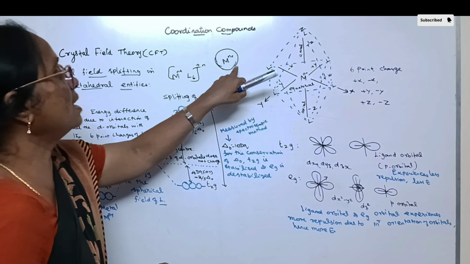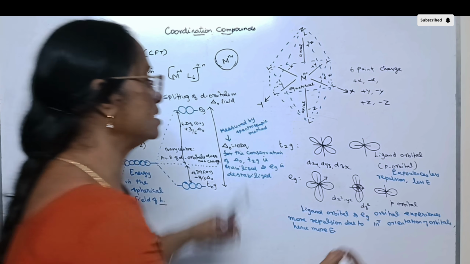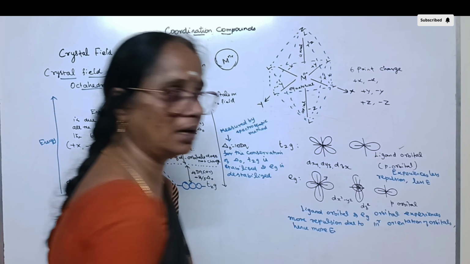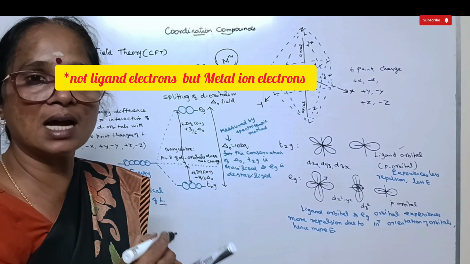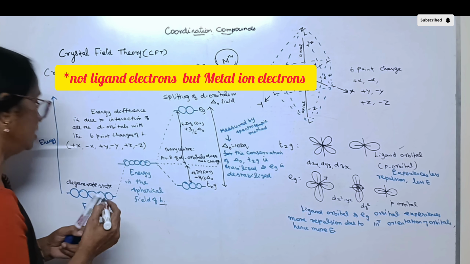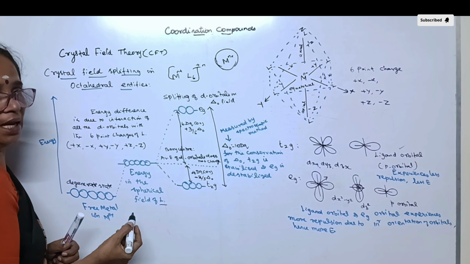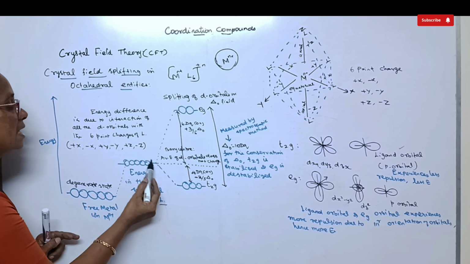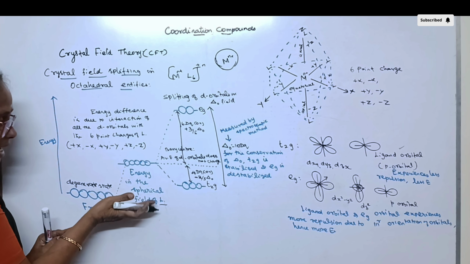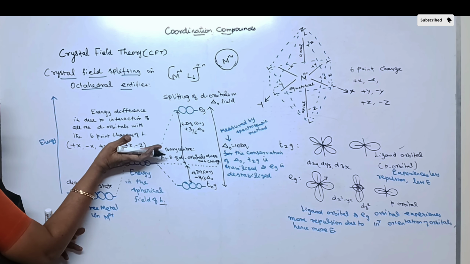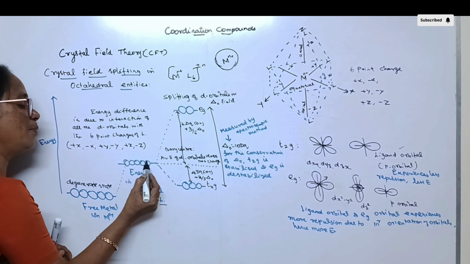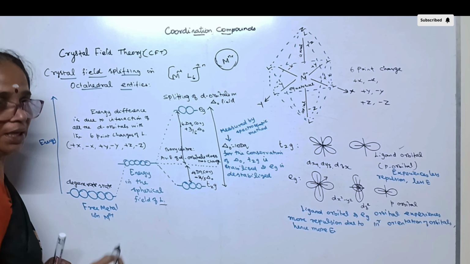The ligands have electrons in their p orbitals, and the ligand electrons can be present in any of the d orbitals, because we said the degeneracy is still there, but the energy of the d orbitals is only raised. So the electron can be anywhere in the d orbitals.